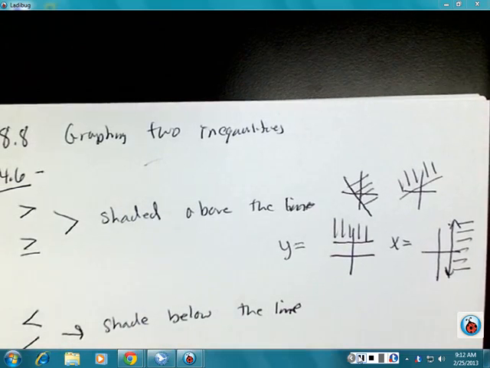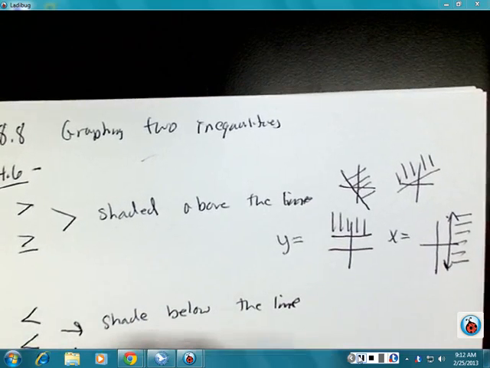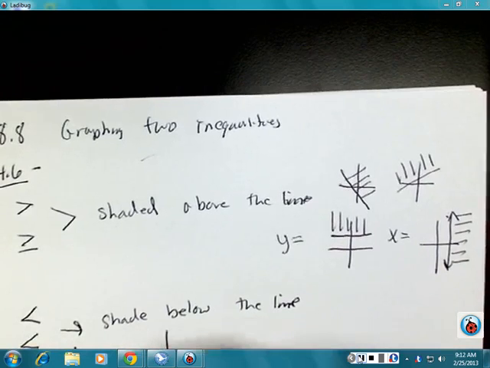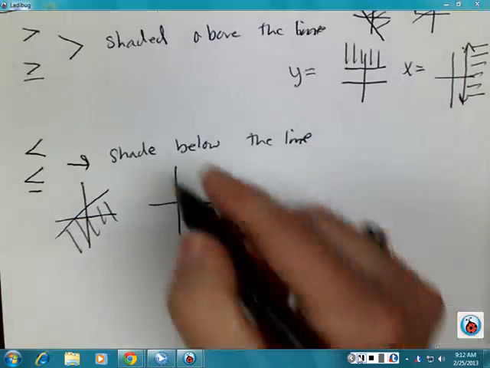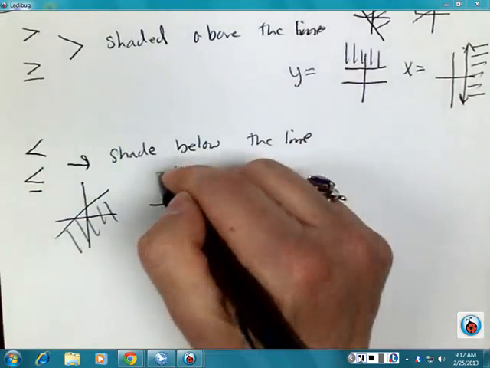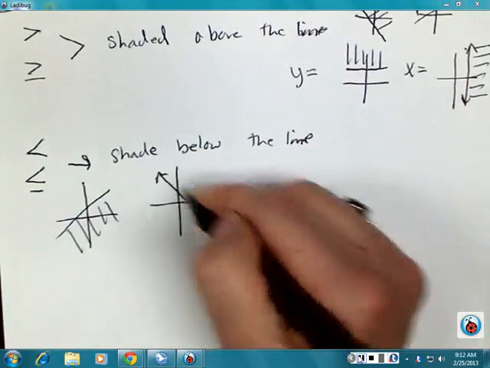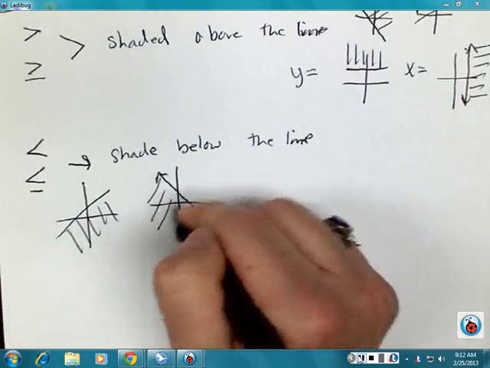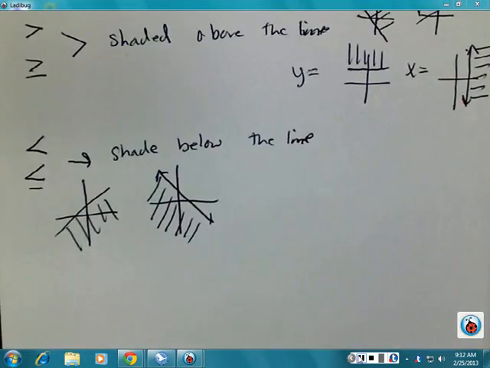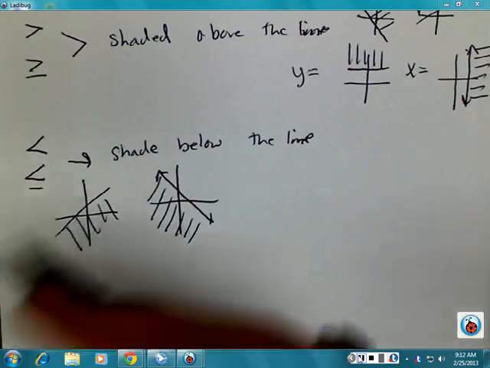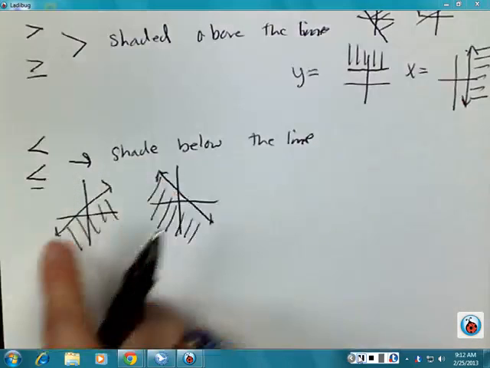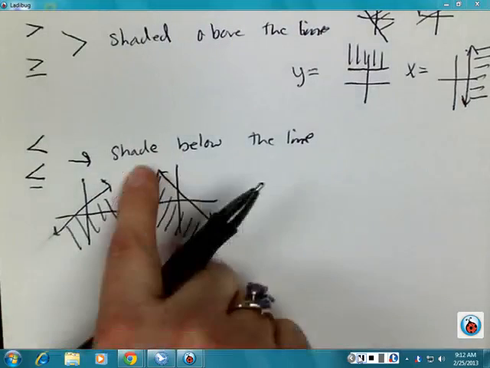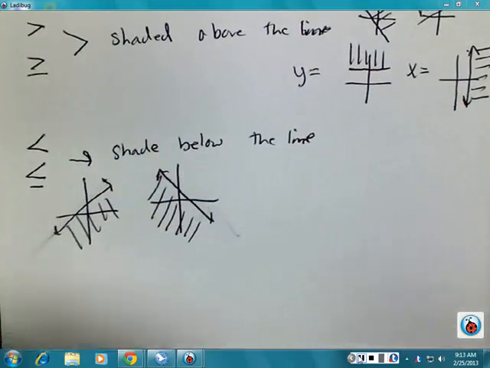So in this case, if I have this line, I will shade below the line. If I had this line, I would have shaded below the line. You okay with that part? This is a positive slope. This was a negative slope when we took a look at those.